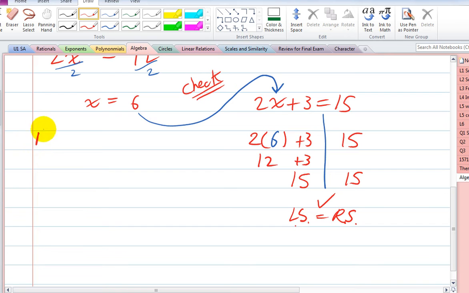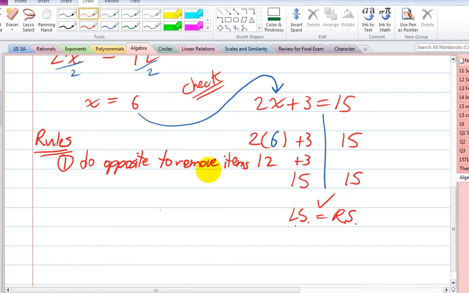So the rules that we followed, following this method: number 1 is do the opposite to remove items, or terms, whatever you want to call them. The second concept was balance. You want to keep it equal, so whatever you change on one side, you need to change on the other side.